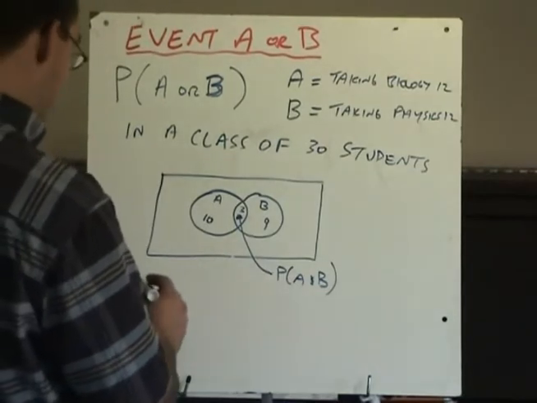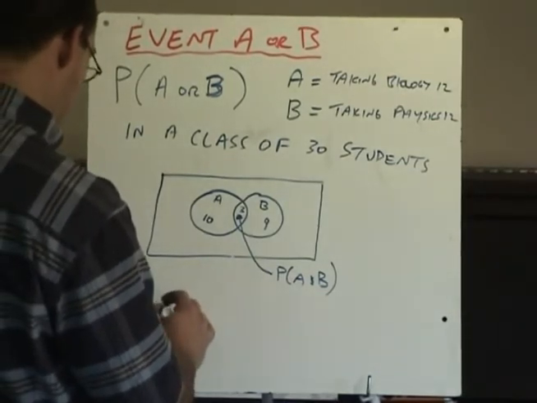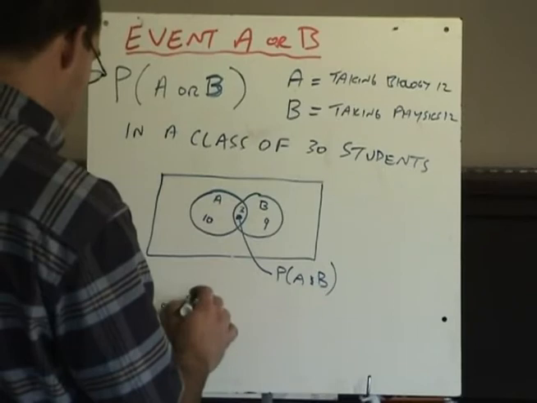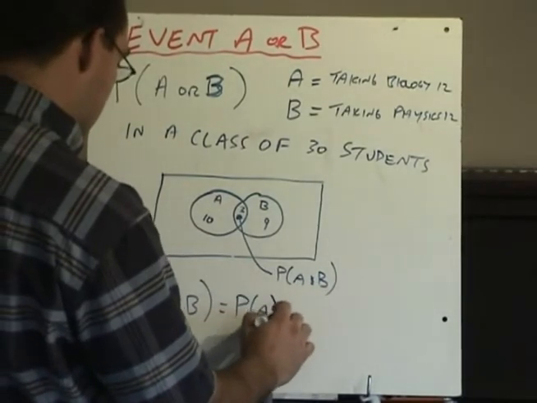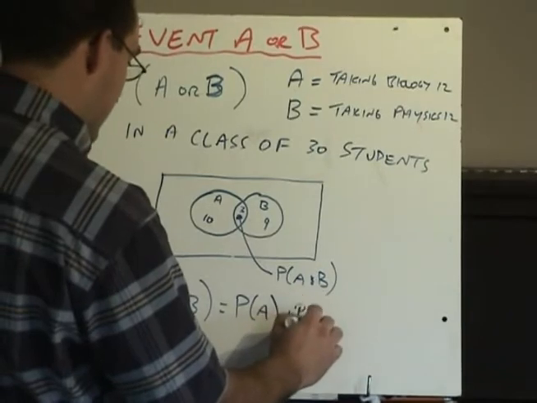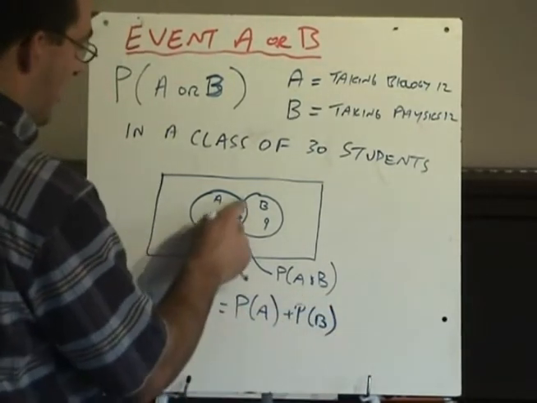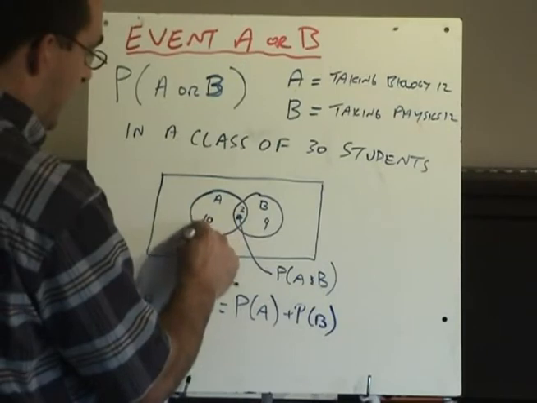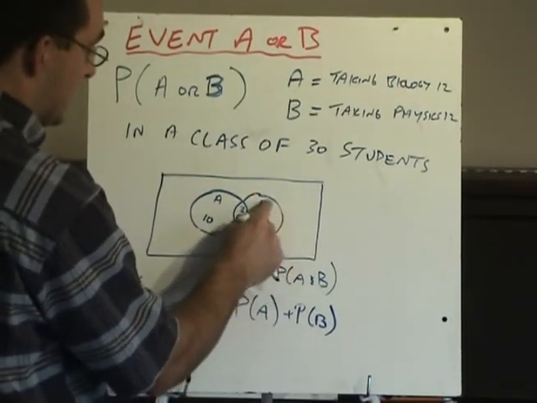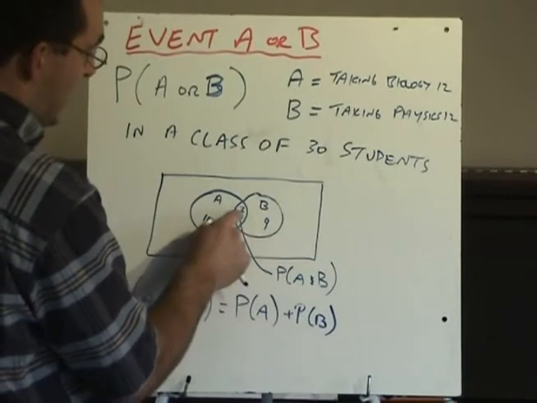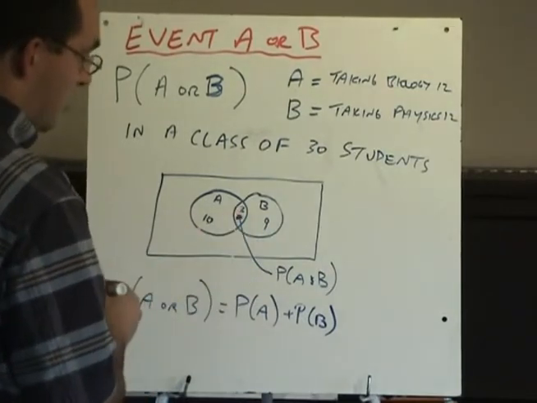Okay. So now if I want to find the probability of A or B, I'm going to add all the people in A plus all the people who are standing in B. But when I do that, I'm going to end up counting these people twice.